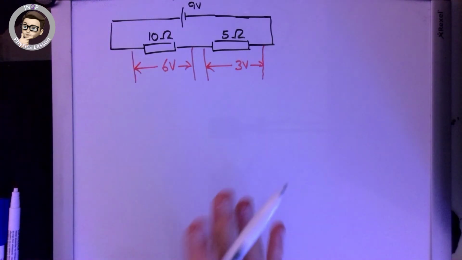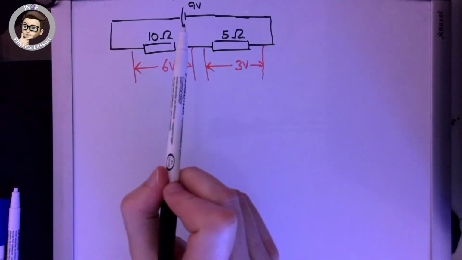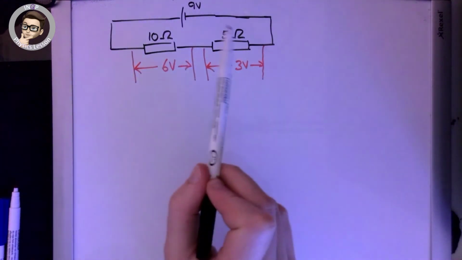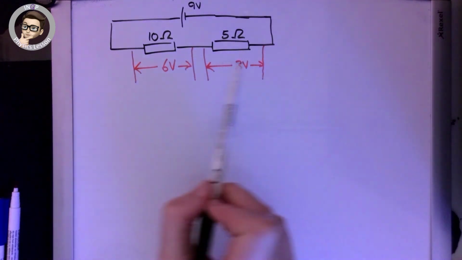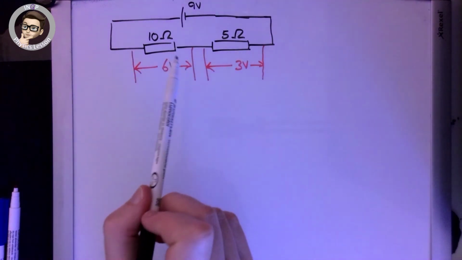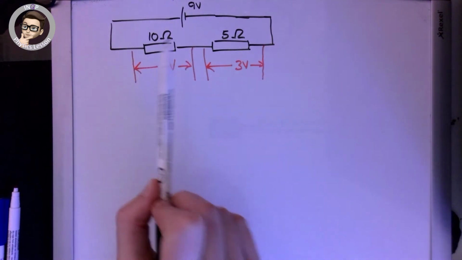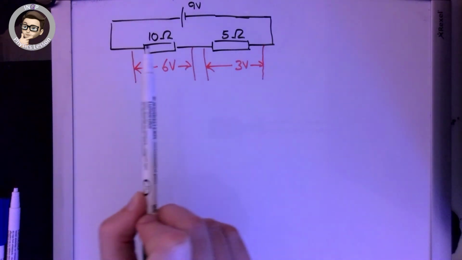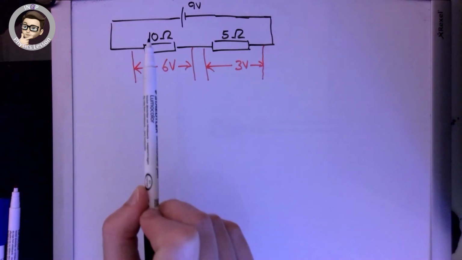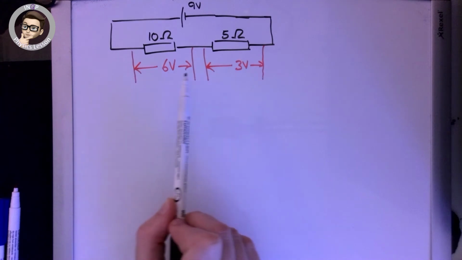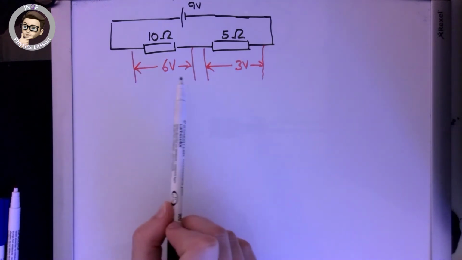Now, as we've seen in those previous lessons, we know that the potential difference that we're getting from the battery is being used up across any components in the circuit, especially when we're in series. So here that 9 volts has to be shared between the 10 ohm and the 5 ohm resistor. Now, because that 10 ohm resistor is a greater resistance than the 5 ohm resistor, it actually gets a bigger share of the potential difference.